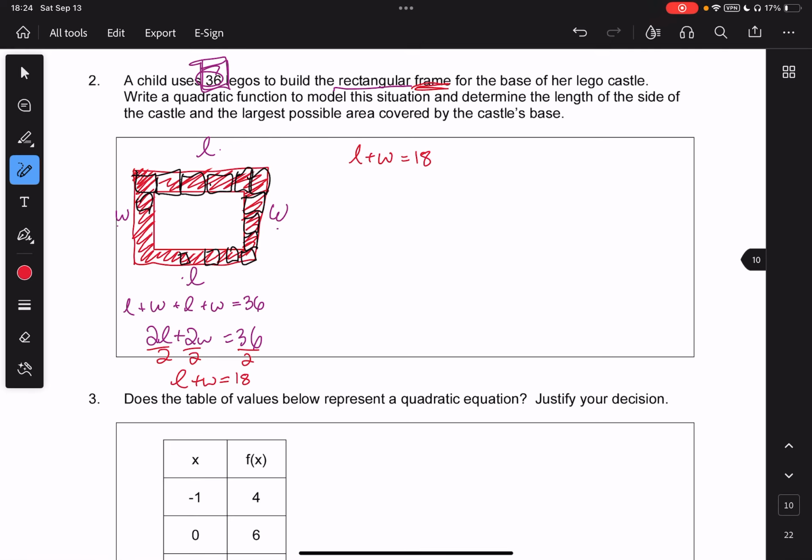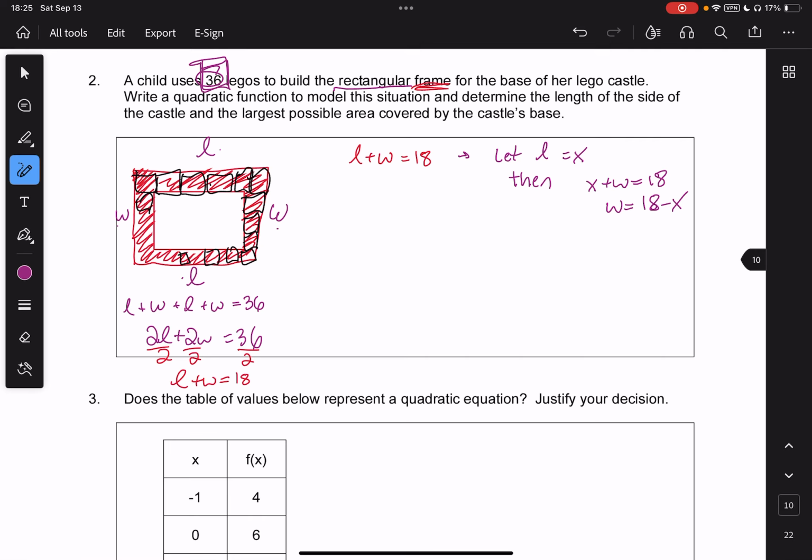On the side, we're going to let L equal X. When we do that, we get a new equation: X plus W is equal to 18, or W equals 18 minus X. So what do we do with that?